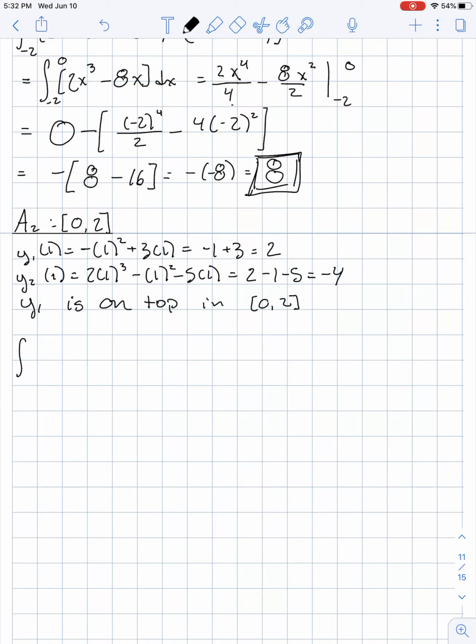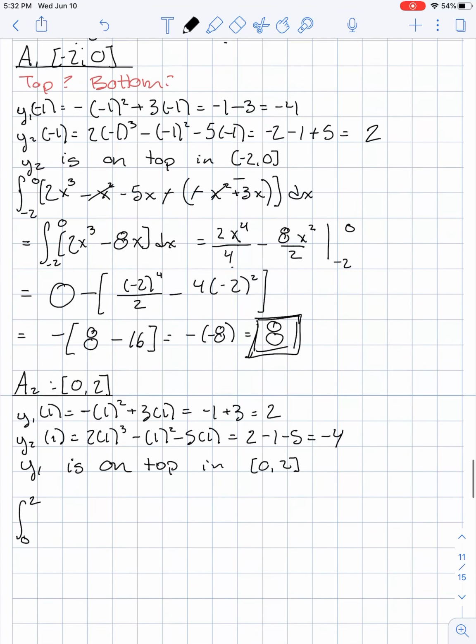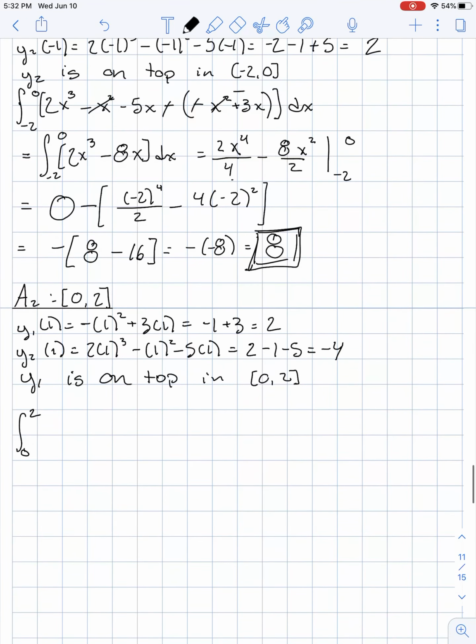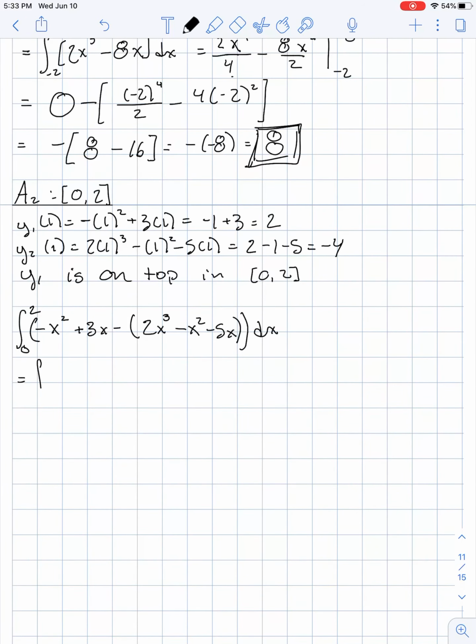All right, so that means we're going to have the integral from 0 to 2, y1 minus y2. So I'm going to have negative x squared plus 3x minus 2x cubed minus x squared minus 5x, and that whole thing times dx. Going to simplify before I integrate to save my life.